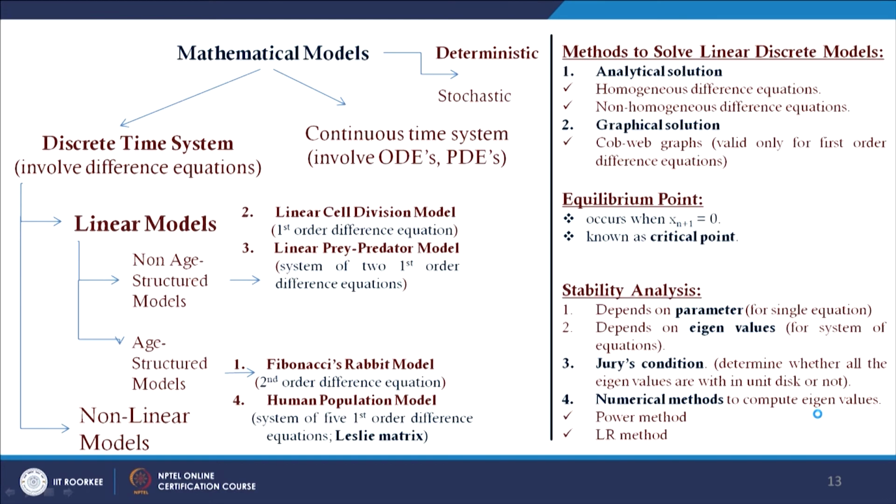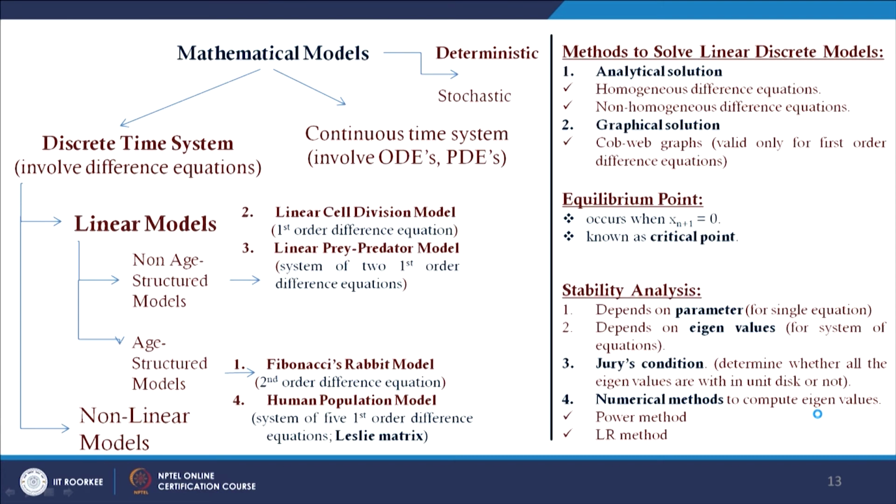In discrete time levels, we considered linear models: a first order difference equation for the linear cell division model, and a system of two first order linear difference equations for the prey-predator model, for non-age structured models. In the last lectures we discussed age structured models, and in them we considered the Fibonacci rabbit model.